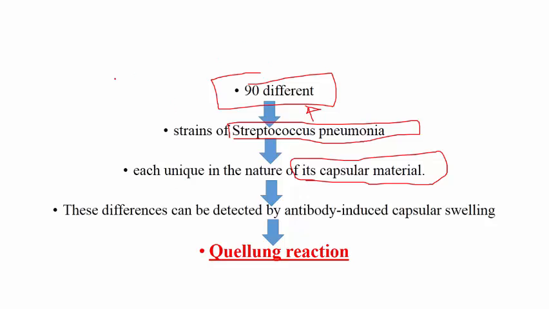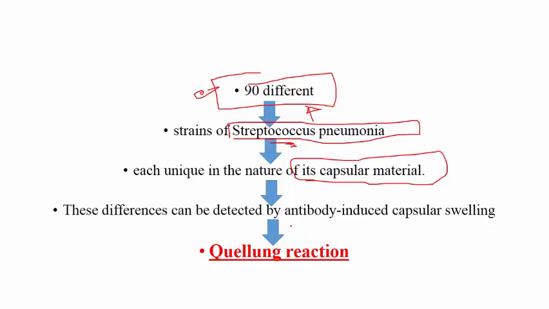To identify these different strains of Streptococcus, we can use serotyping. You just need to collect the serum, use different antibodies, and identify the antigen-antibody reaction, and based on the result you can predict that the infection in this person is due to this strain of Streptococcus pneumoniae.